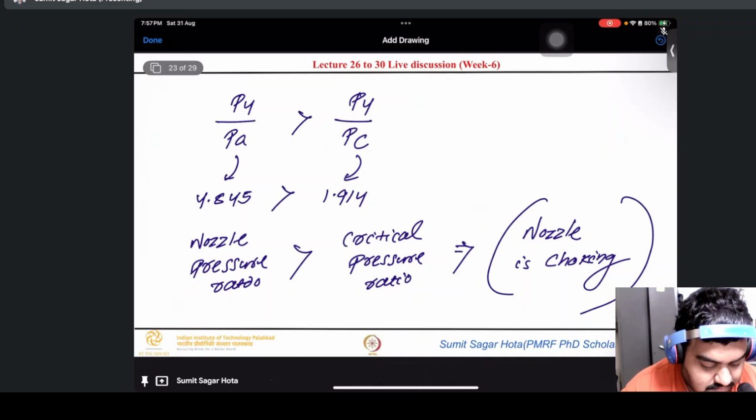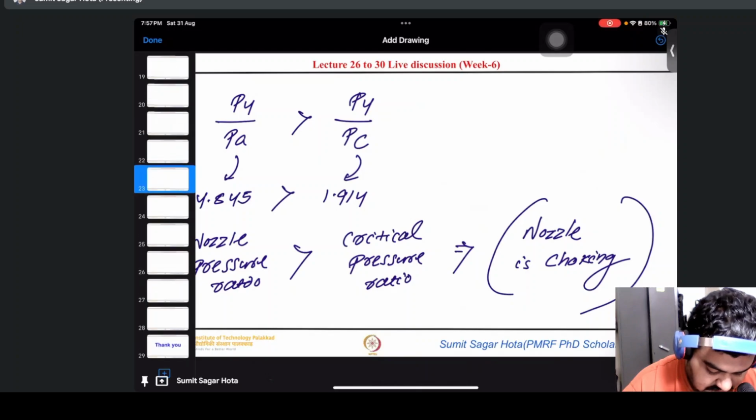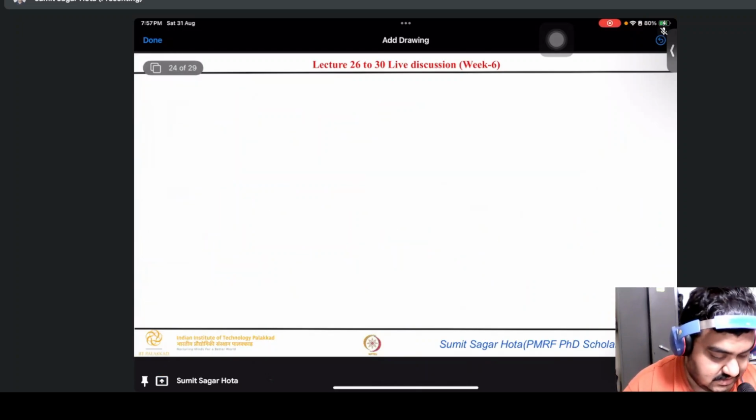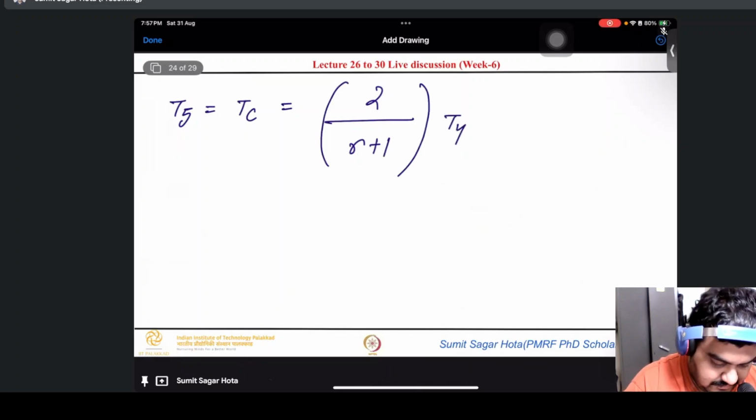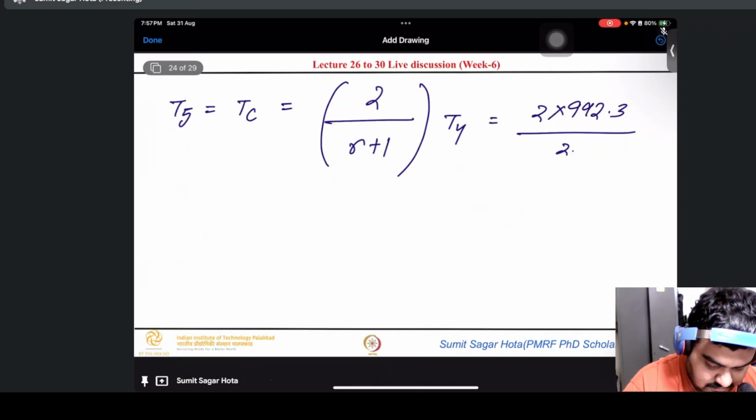Now that the nozzle is choked, there are some things we can calculate. We can calculate T5, which is equal to Tc, equal to 2 by gamma plus 1 into T4. Just substitute the values; gamma is 1.33.